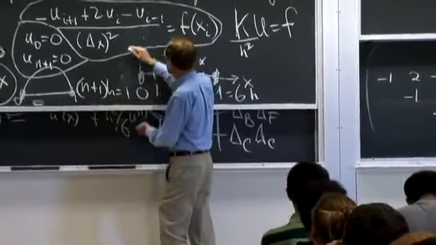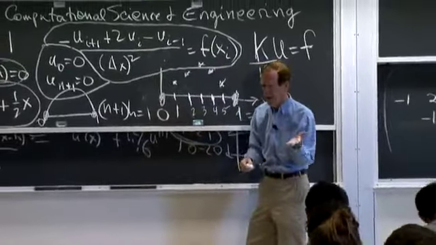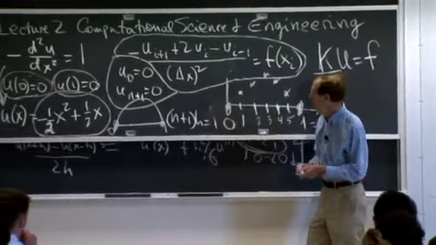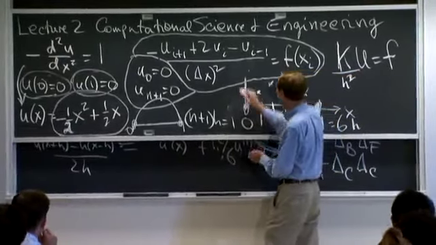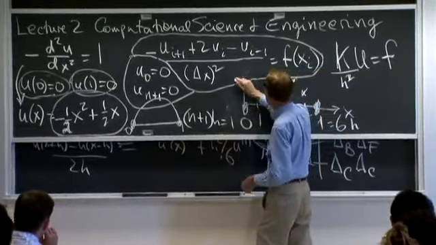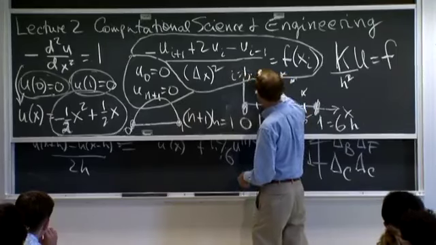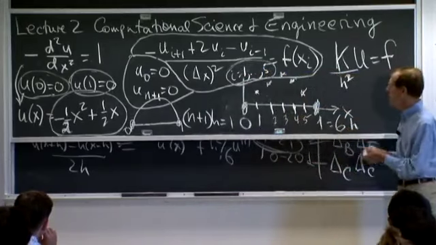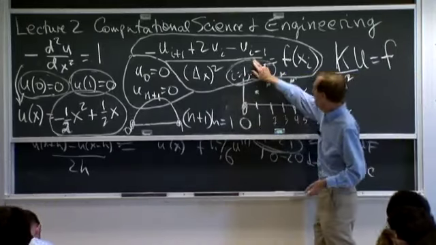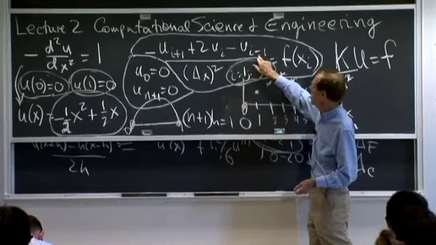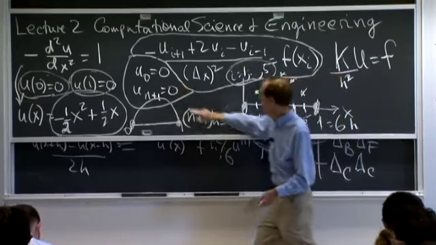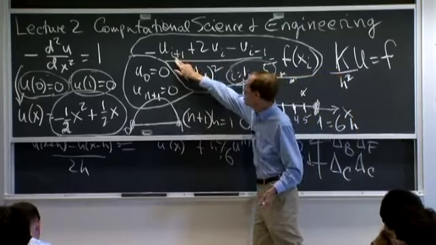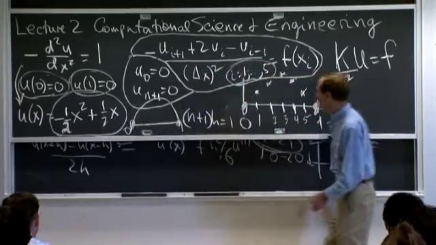I'm introducing the subscript stuff, but I won't need it all the time because you'll see the picture. This equation applies for i equal 1 up to 5. 5 inside points. And then you notice how when i is 1, this needs u0, but we know u0. And when i is 5, this needs u6, but we know u6.